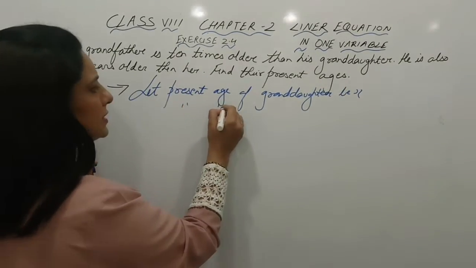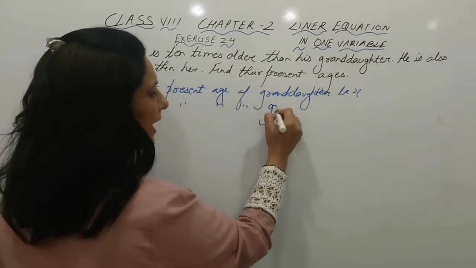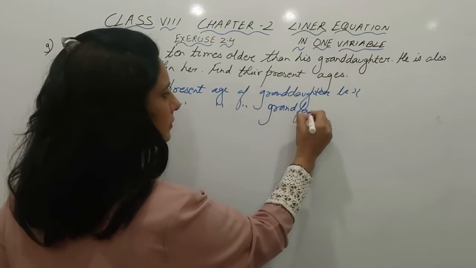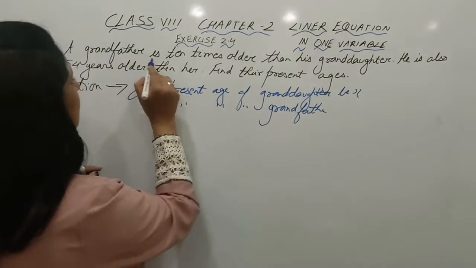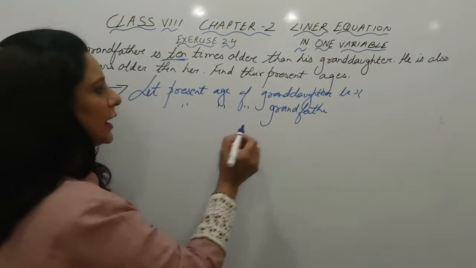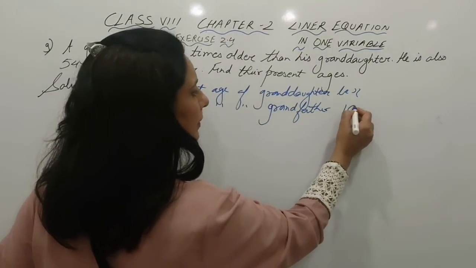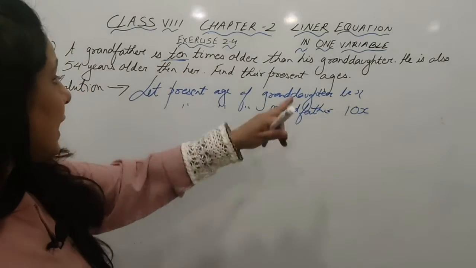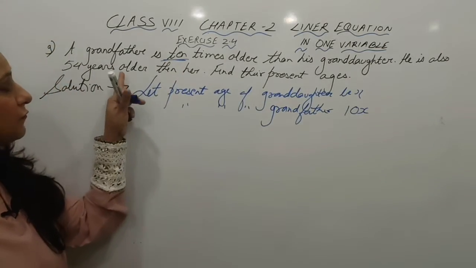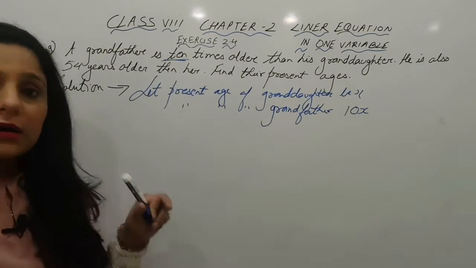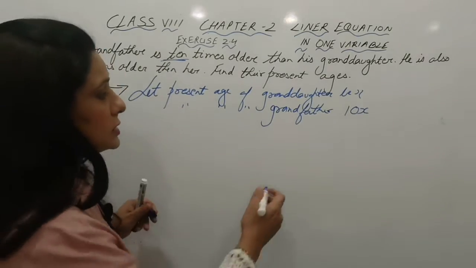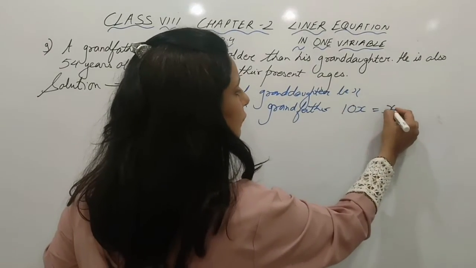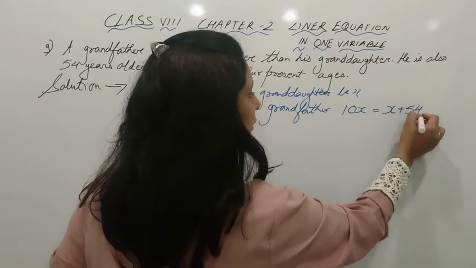So the present age of grandfather will be what? As grandfather is 10 times of his granddaughter, so he will be 10x. Simple equation. He is also 54 years older than her.